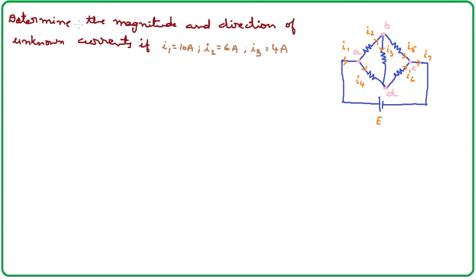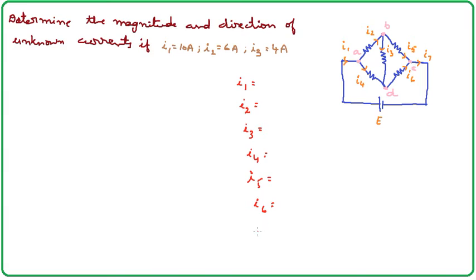Now my job is to determine the magnitude and direction of unknown currents if I1 equals 10 ampere, I2 equals 6 ampere and I3 equals 4 ampere. Now I want to write all the currents here and find them one by one: I1, I2, I3, I4, I5, I6 and I7.